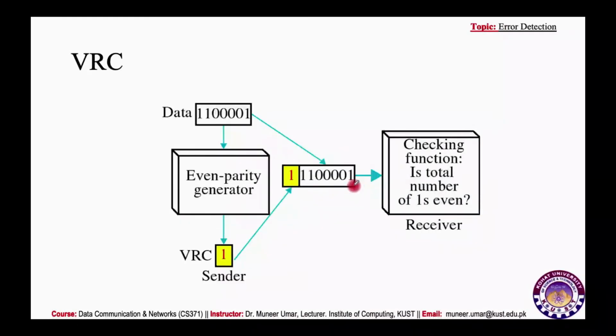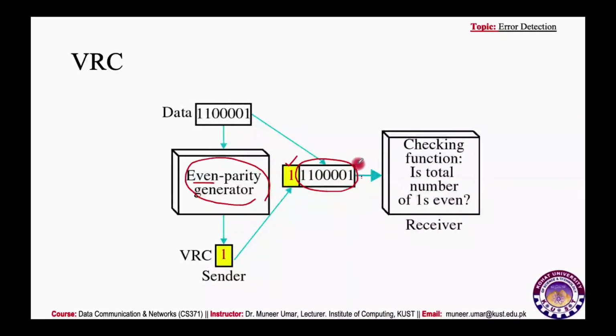Now here we have data, and this one bit is appended with this data to make the number of ones even, because we need even parity and the function used is an even parity generator. So here this additional one is VRC, and this block is data.